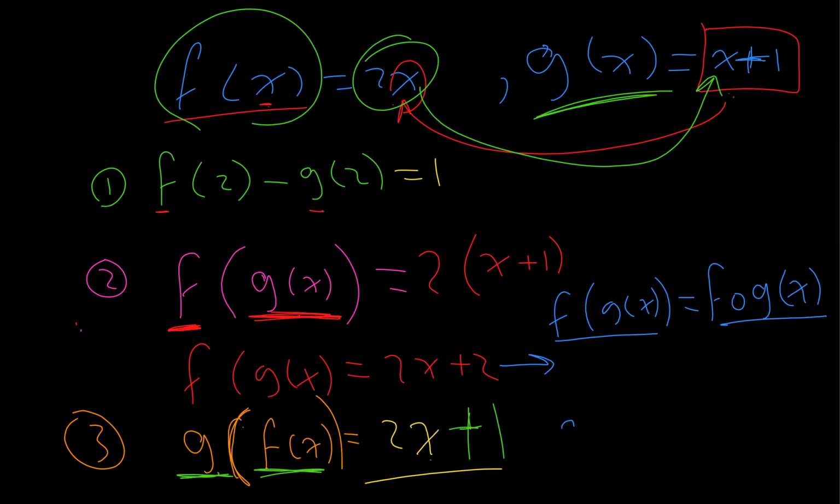Here, the other one, g of f of x, I can write it like g composition f of x. And I hope that is clear. And you understand what it means? It means now here you compose one function inside the other. And I hope that is clear.